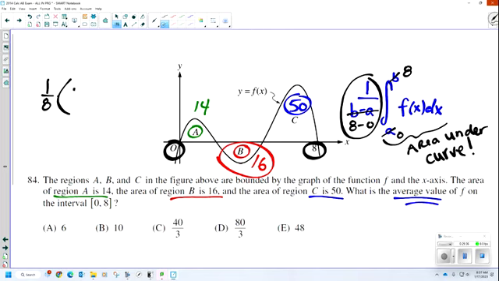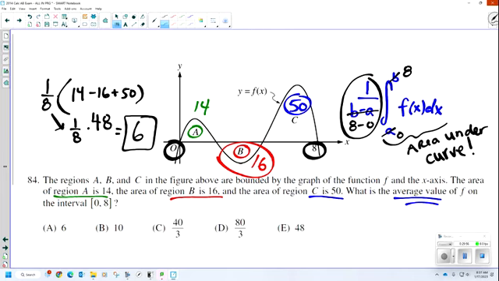So it's really a positive 14 minus 16 plus 50. Okay, and I don't think you need the calculator for this. Okay, you should end up with 48 times 1/8, which would give you 6.